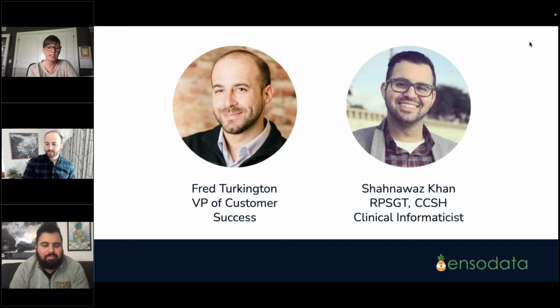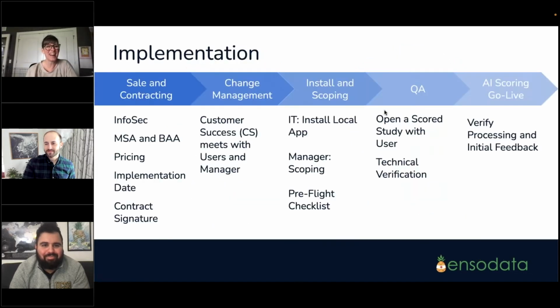He eventually worked as a consultant for various companies such as Google, UC Berkeley, and UCSF. Shahn uses his background in research and skills in scoring sleep studies with multiple systems to support and help customers find success using EnsoSleep AI scoring. With that, I'm going to hand it over to Fred.